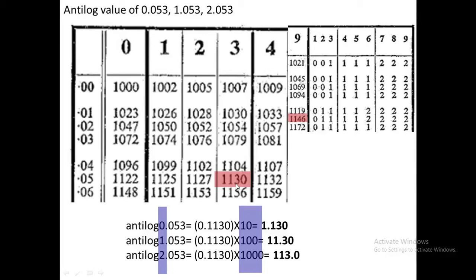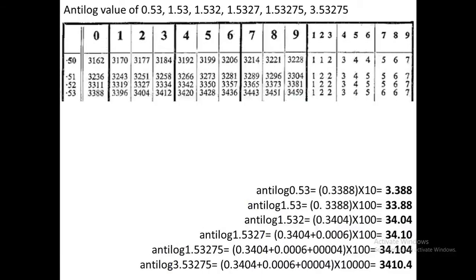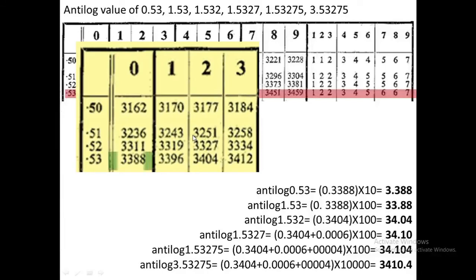Similarly, if we want to calculate the value of 0.53, 1.53, 1.532, 1.5327, 1.53275 and so on. First we have to find where 0.53 is mentioned, and at 4.53 we simply write the value which is mentioned in the table and multiply it by 10 because there is no value before the decimal.